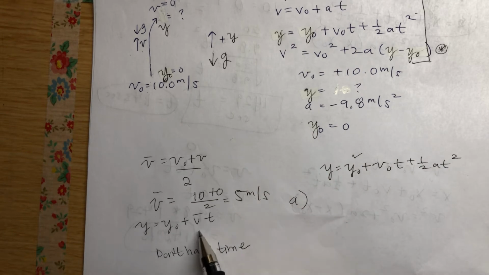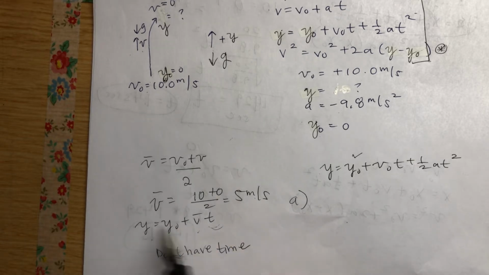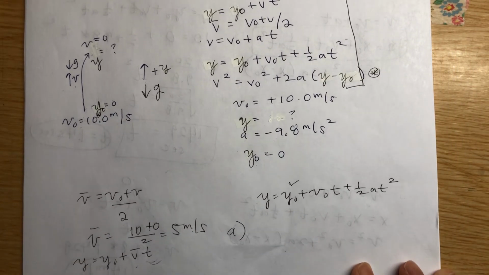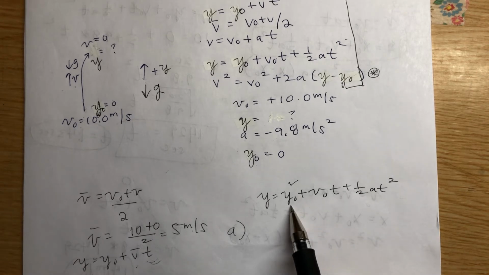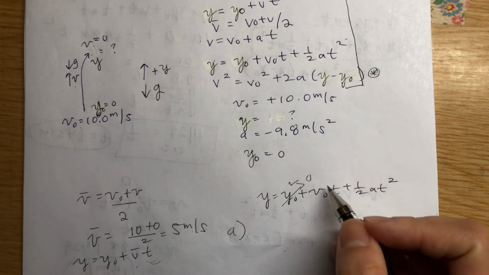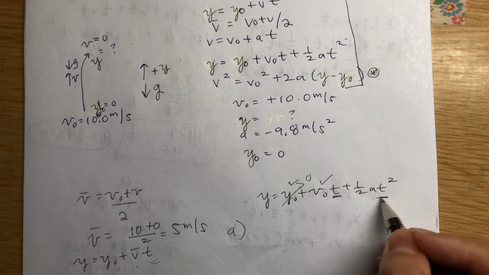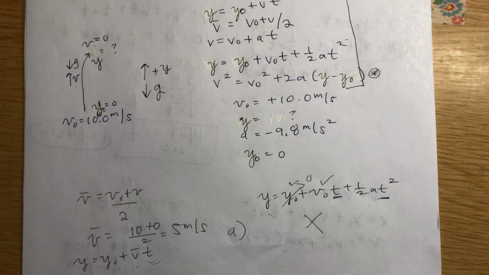Then I can plug it into this equation, but I don't have time, so I can't find y. So we can't use this equation. For this equation, I have y naught and v naught, but again, I don't have time, so I cannot calculate y. So I can't use that equation either.